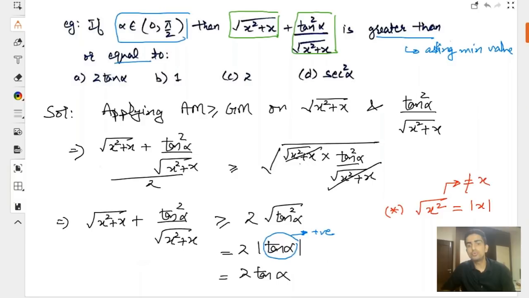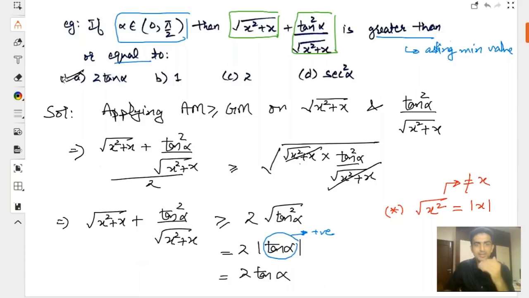So minimum value is 2 tan alpha. That is option A. You won't believe such a simple question. It's also a previous year IIT question. Such a simple question is also a previous year IIT question. Okay, not even like mains, IIT. So such basic questions are asked sometimes on AMGM. So it's very important inequality.